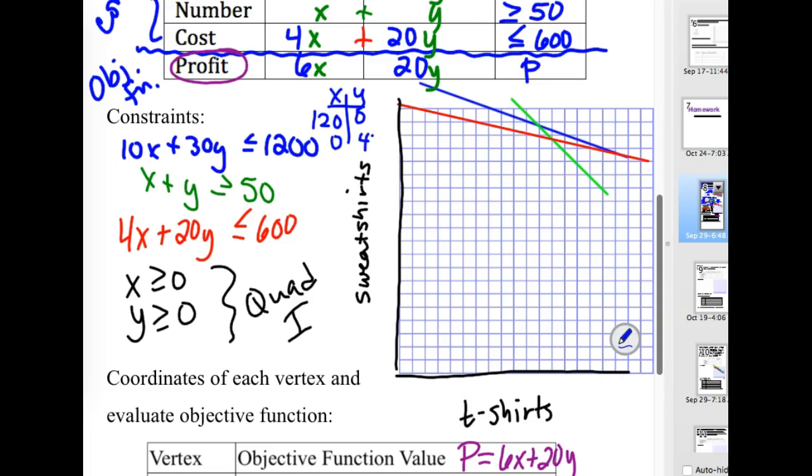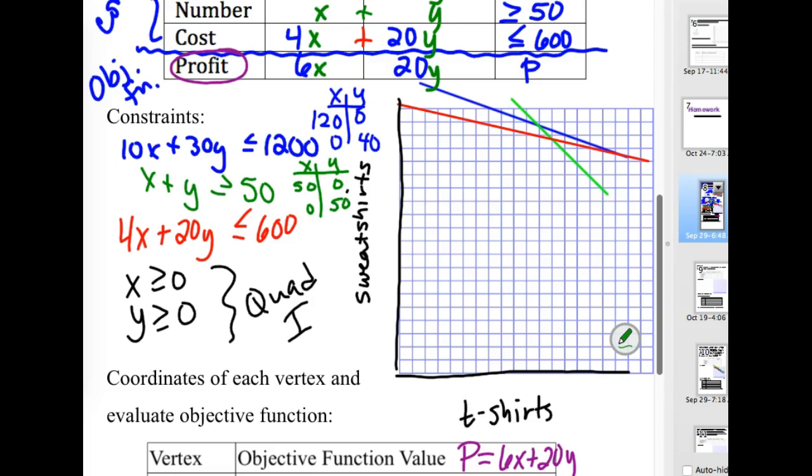Okay. All right, for the green one, if I put 0 in for y, I get 50. If I put 0 in for x, I get 50.